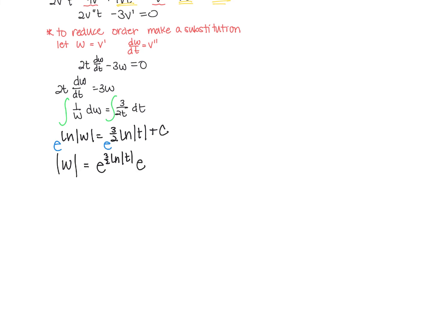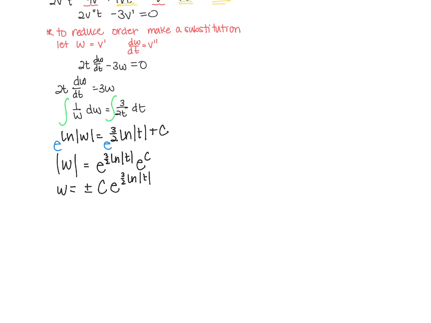Now, typically what we would do is use our properties of logs to bring down that c and make it e to the c. Well, e to the c is just a constant. It's a c. Now, when I solve this, to remove the absolute value, if you remember, we would do plus or minus c e to the 3/2 natural log of t.